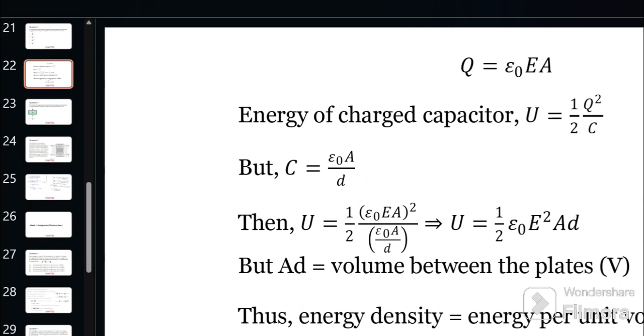But now we need the energy density, that is energy per unit volume.